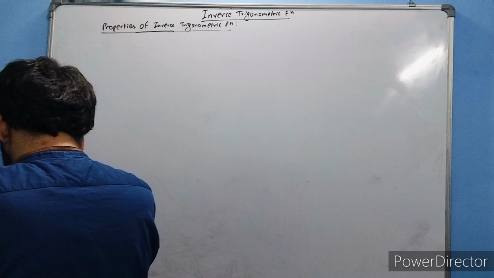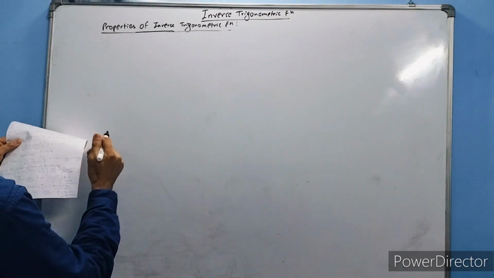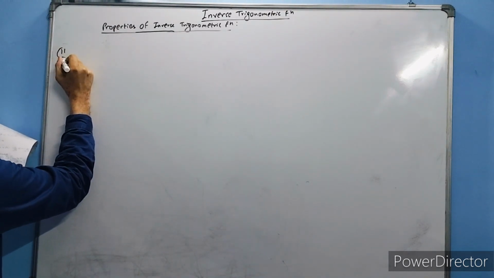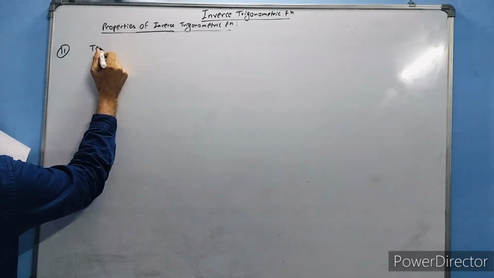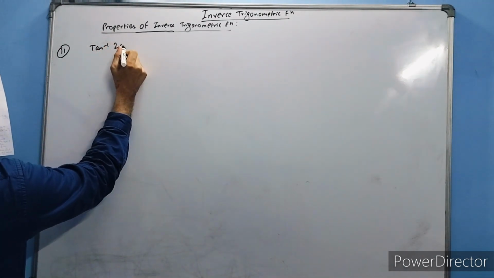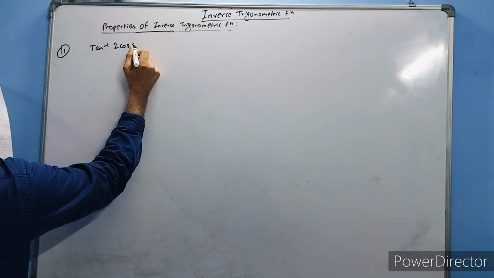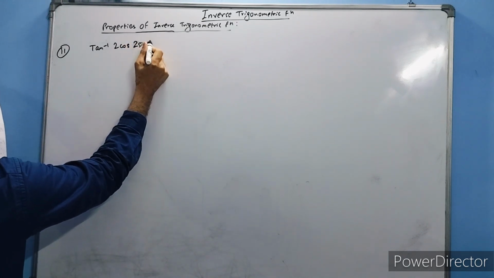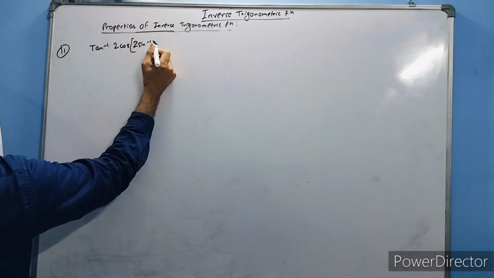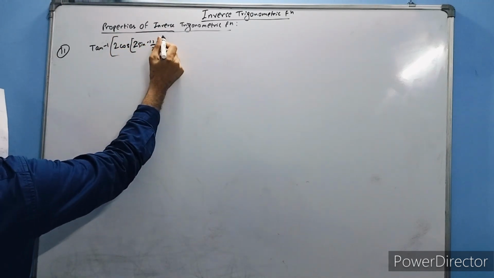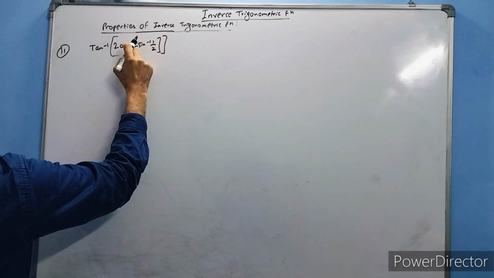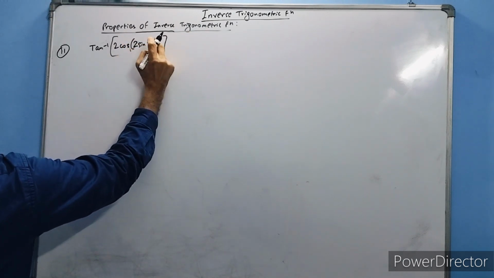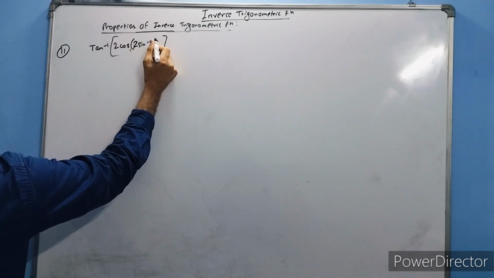I have the question in my hand. The 11th question is tan inverse 2 cos of 2 sin inverse half.